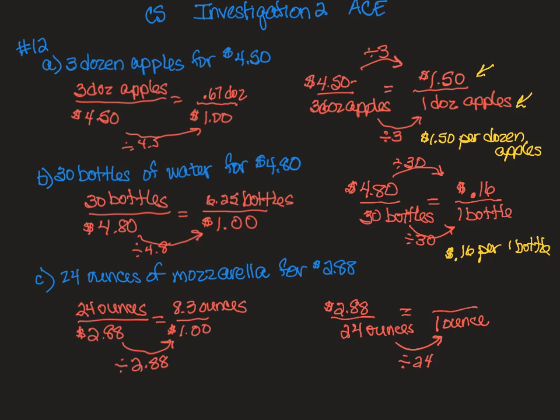So if I divide the bottom by 24, I would have to divide the top by 24. So I'm going to put 288 divided by 24, and I'm going to get 12 cents. And so my unit rate on this side is 12 cents per 1 ounce.